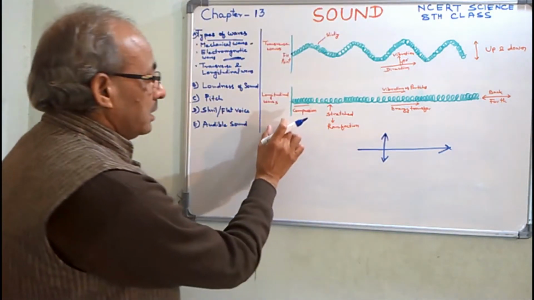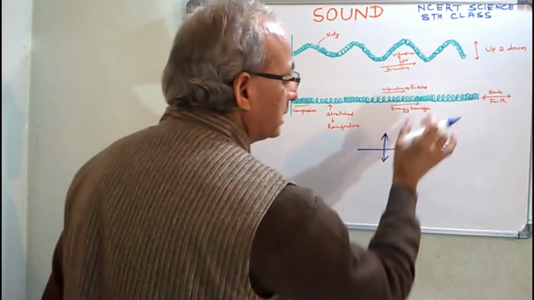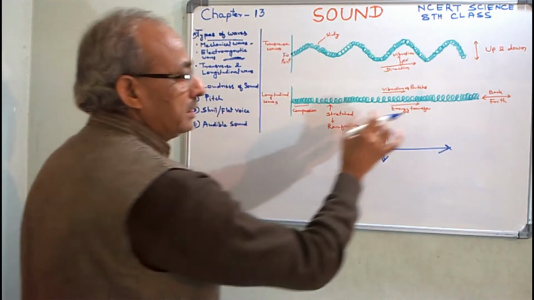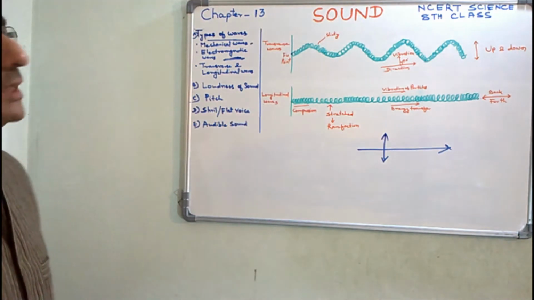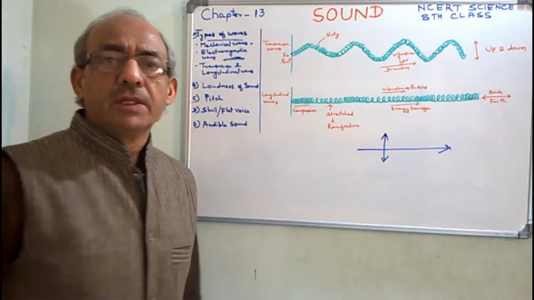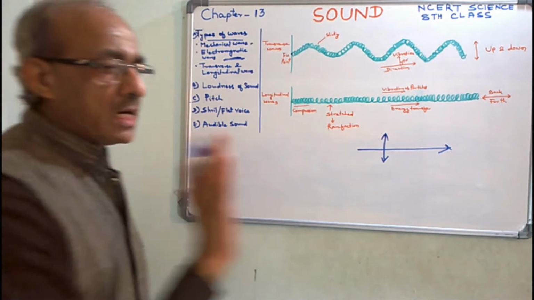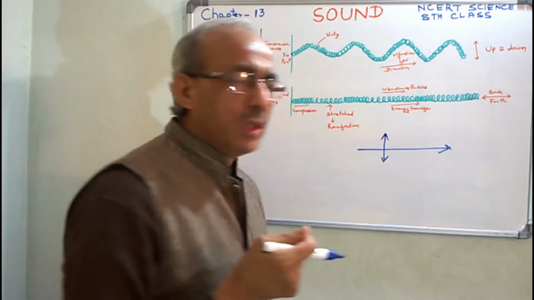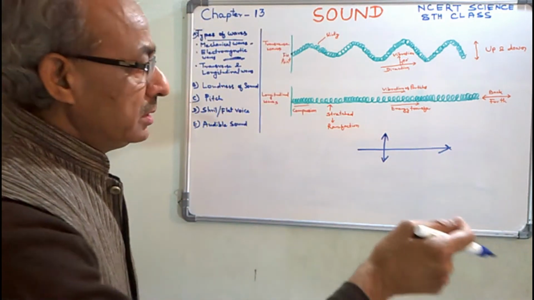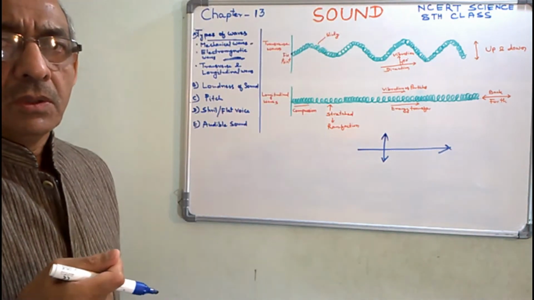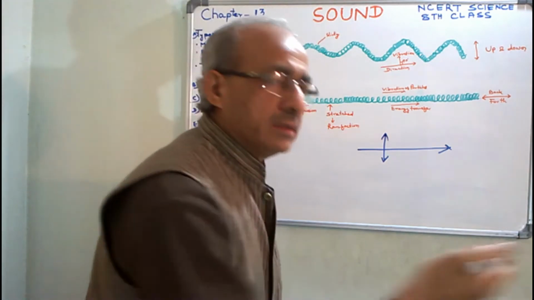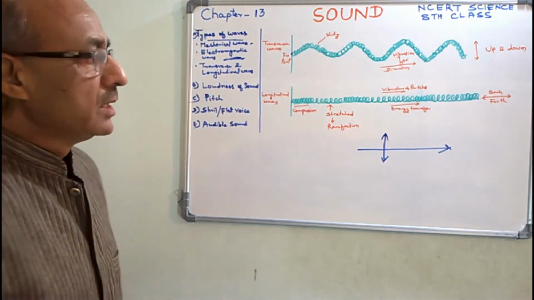Now, by another activity, we will understand the longitudinal wave with the same slinky. Now we will start pushing and pulling. That means by holding the free end, once you push and then you pull the slinky.